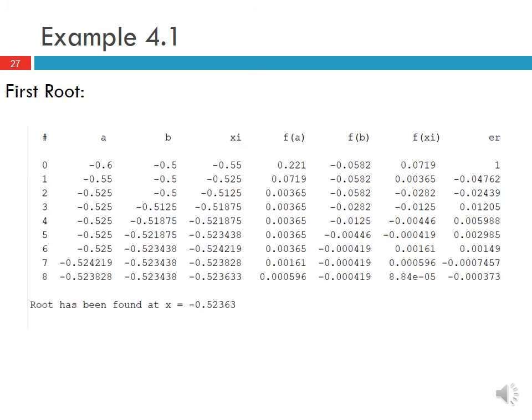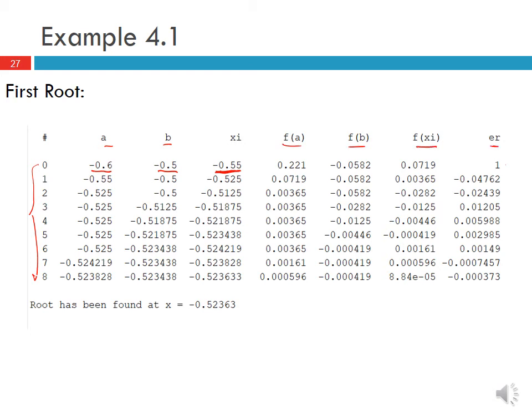For the first root, we start with our initial guess of minus 0.6 and minus 0.5 for our a and our b. This shows the iteration numbers as we go down. Our first estimate of our root is the midpoint of that, so minus 0.55. We evaluate our functions fa, fb, and f at x i, and then the approximate relative error.